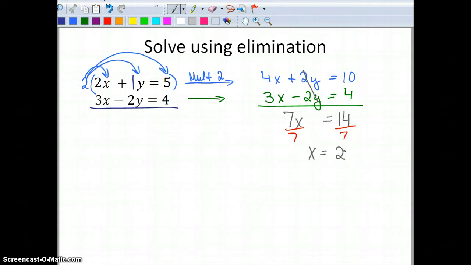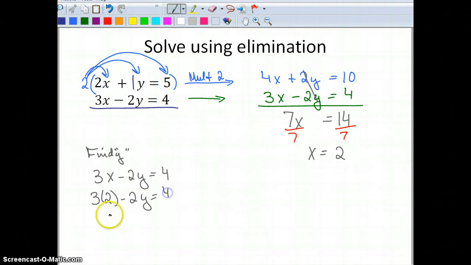Well, now that I know what x is, I can take either equation and I can find y. So I'm going to take the bottom one this time. I have 3x minus 2y is equal to 4. So I have 3 times 2 minus 2y is equal to 4.